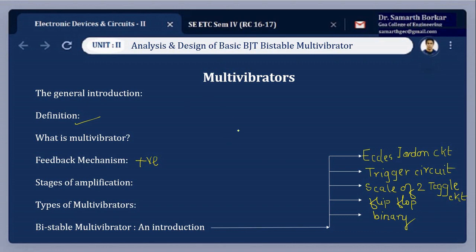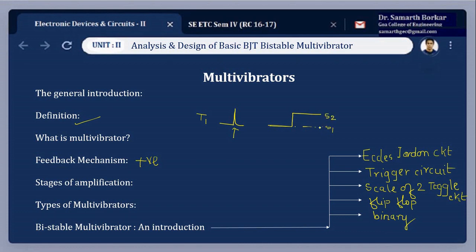So basically, when I apply a trigger, let us mark this as T1. If this is the original stable state, then the moment I apply a trigger, it changes its state and goes to the high condition. We can mark this as state 1, S1, and this as state 2.